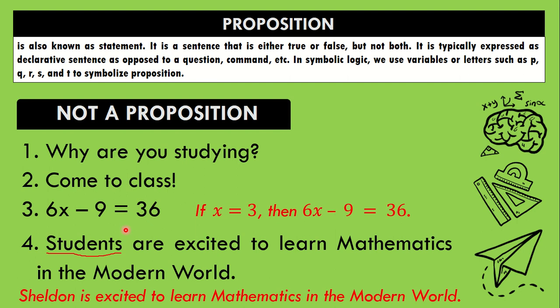As you can see here, you can identify whether this is a true or a false proposition because it is specific, unlike with students, where the answer may vary. It could be true or false. So remember that, you should be specific. You can use a singular pronoun, whether it is proper or improper.